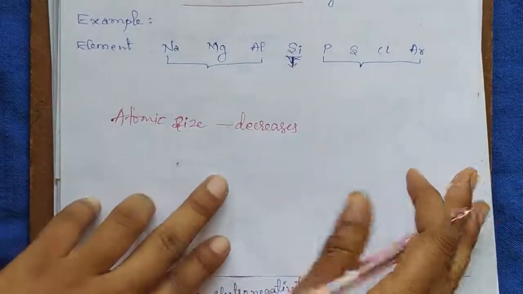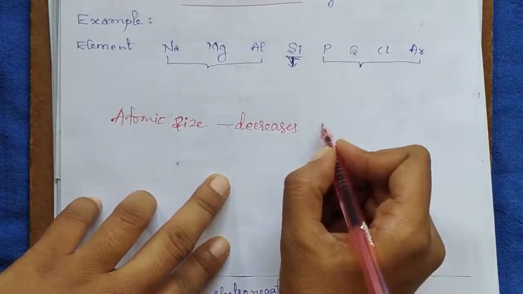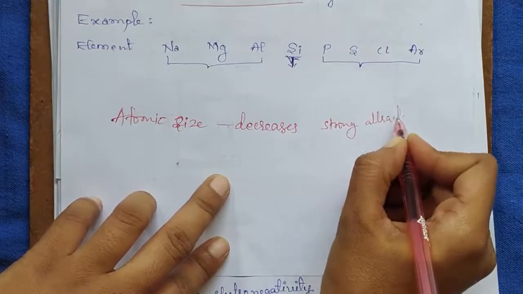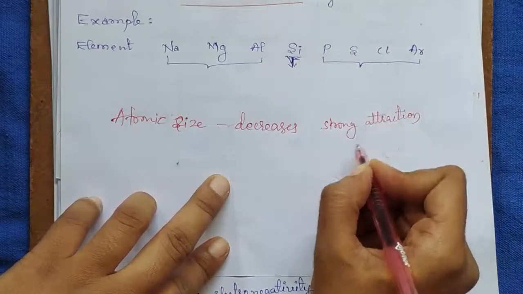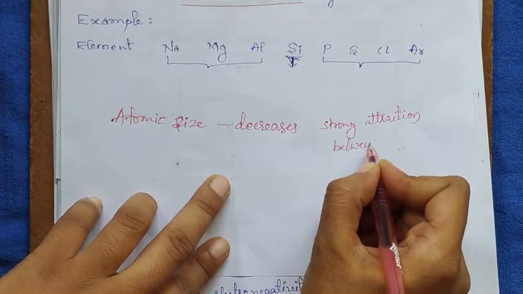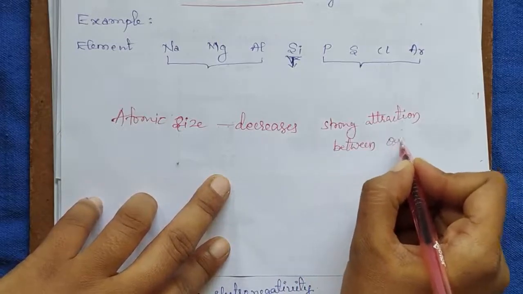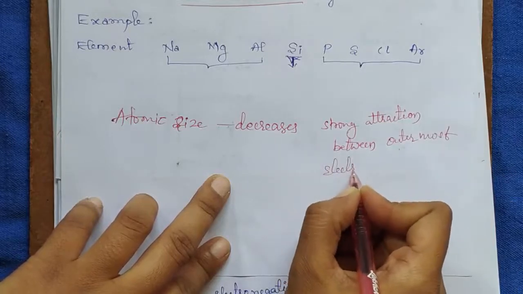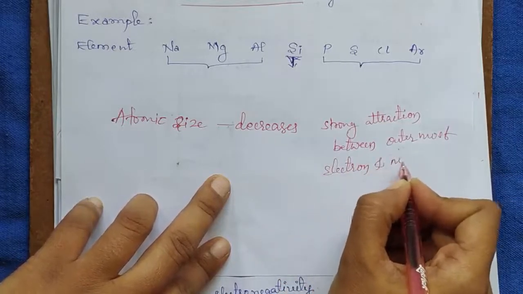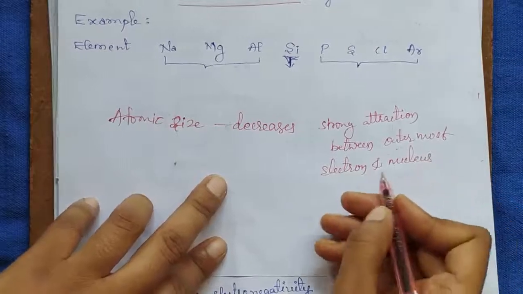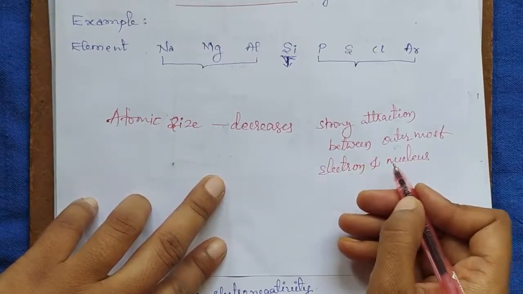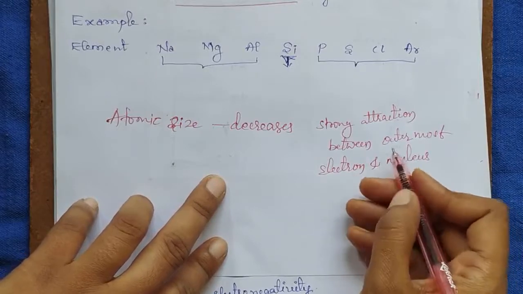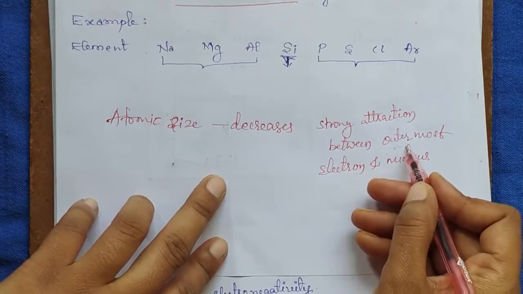So when atomic size decreases, there is a strong attraction between the outermost electron and the nucleus. To remove the outermost electron, we have to overcome the nuclear charge, that is the attractive force between the nucleus and the outermost electron.